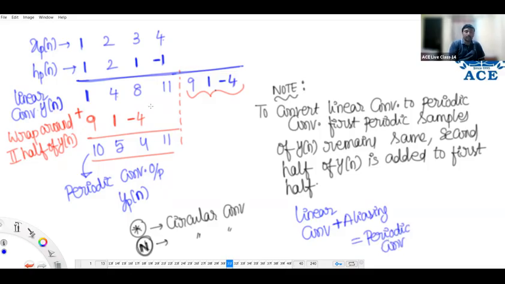In linear convolution, the first samples are added with the second half of y(n). The second part is overlapped with the first part, and the technical term is aliasing. That has produced the periodic convolution answer for us.